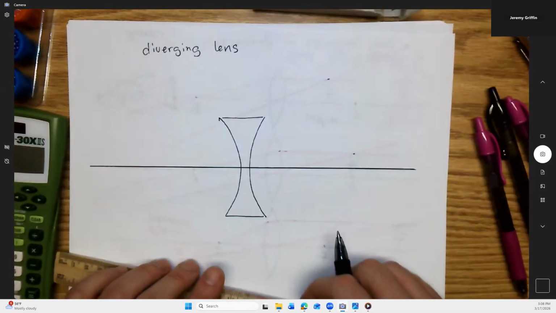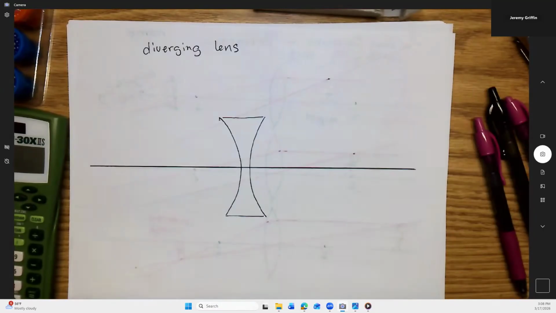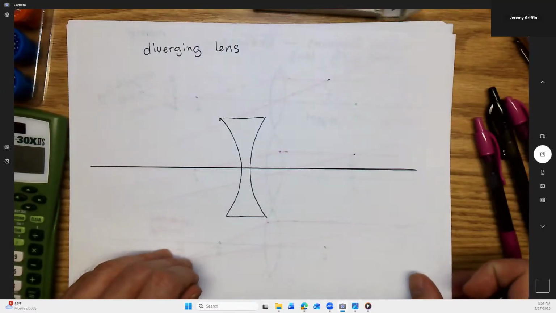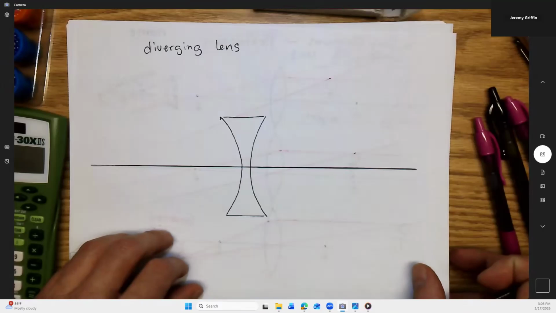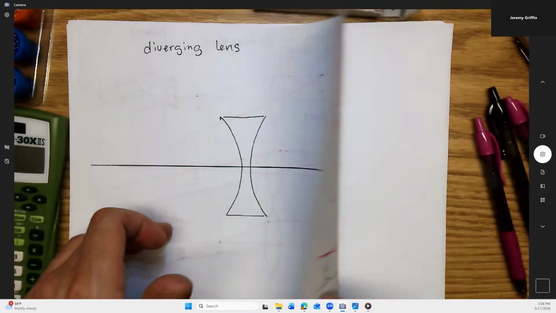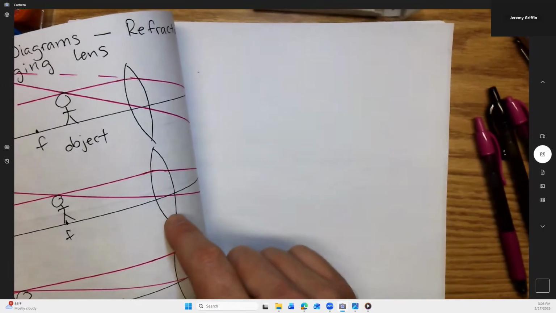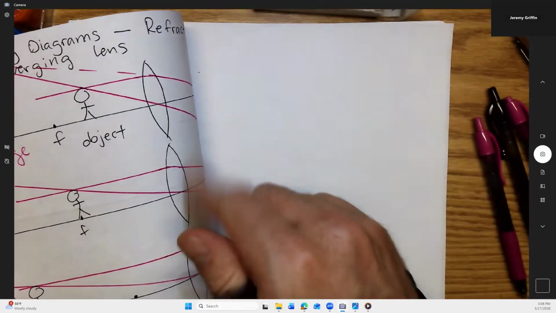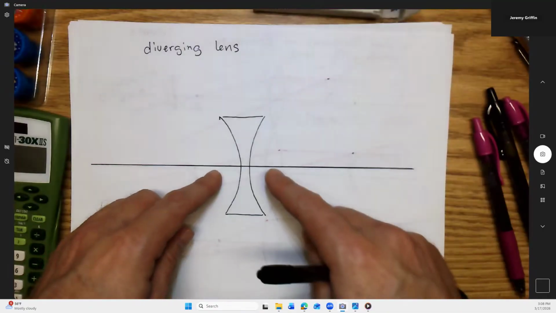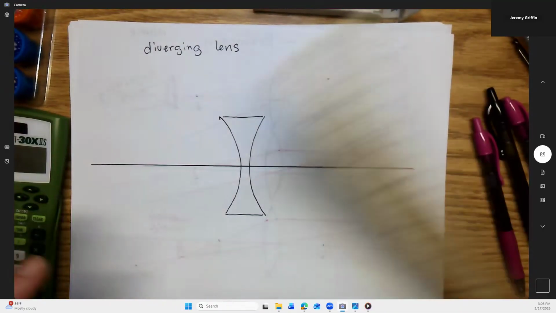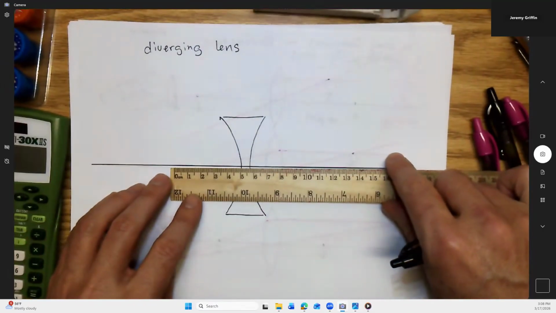If you have eyeglasses, depending on if you're farsighted or nearsighted, I always forget which one it is, you need either lenses that are thick in the middle, like these last three that we did, or thin in the middle, which would be like this diverging lens that we're about to do.